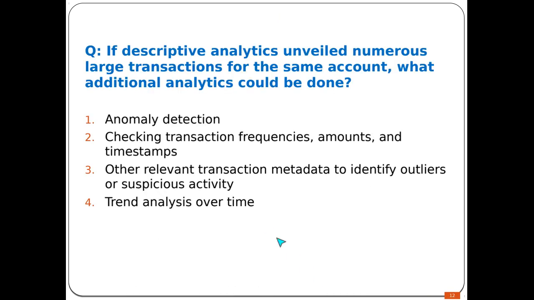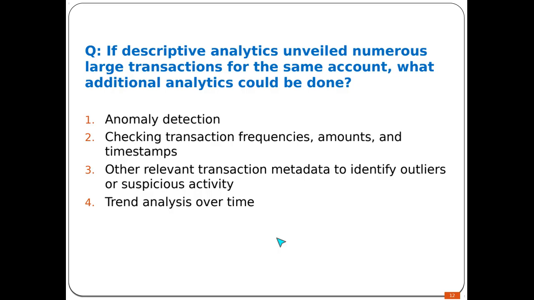Okay, the last slide before we go to the data exercises has a question and possible answers to it. The question is, if descriptive analytics unveiled, meaning uncovered, numerous large transactions for the same account, what additional analytics could be done?